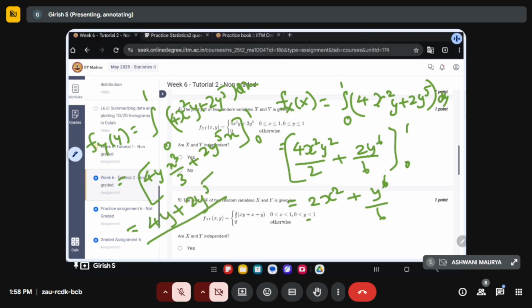You have this equation. Let's try to multiply these two equations. If you multiply this, what you will get is 8 x square y, which is not going to equal fxy of x, y. So this is not independent, right? Can we conclude? Is this clear?